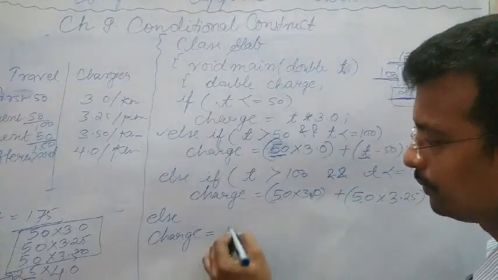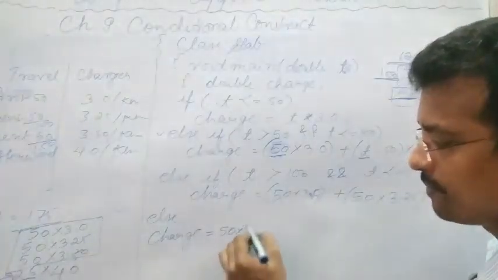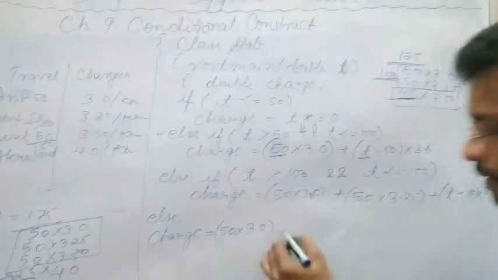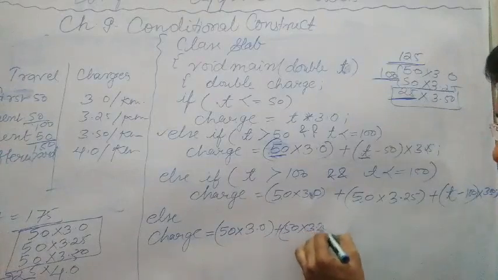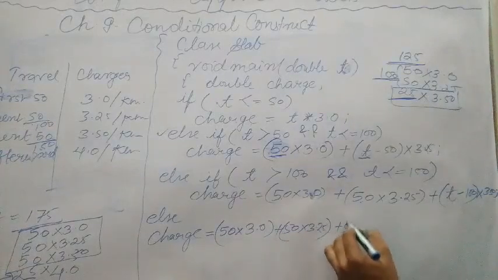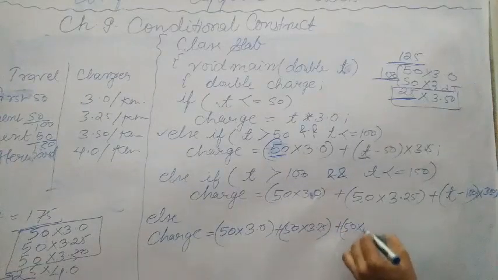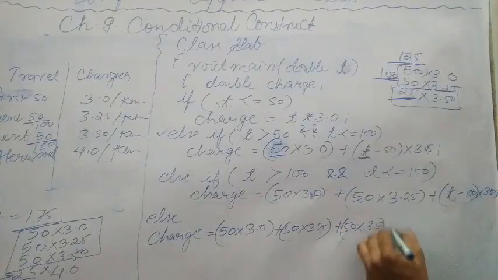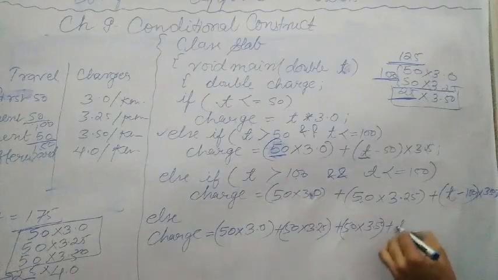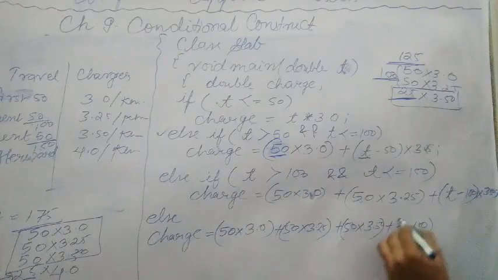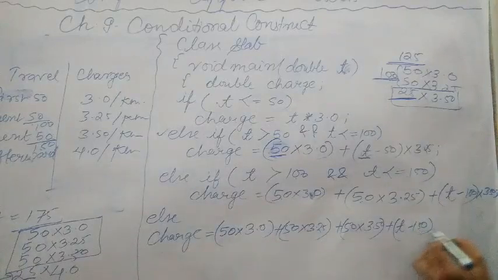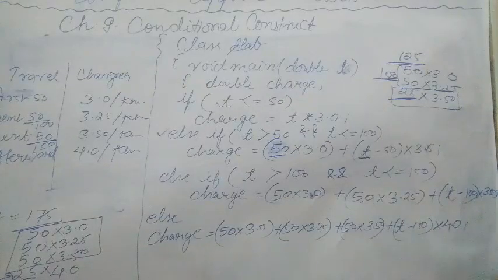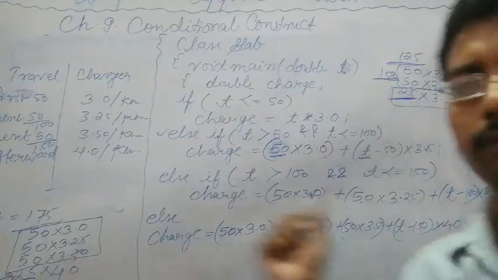Charge equal to starting 50 multiplied by 3 rupees, plus next 50, plus next 50, plus t minus 150. Means from where? 50, 50, 50, 150 already included. So whatever remained will be calculated with 4 rupees per kilometer. So this way you have got all the values.